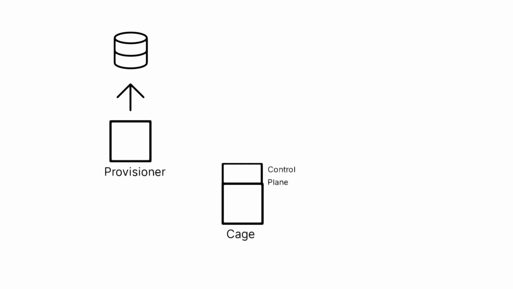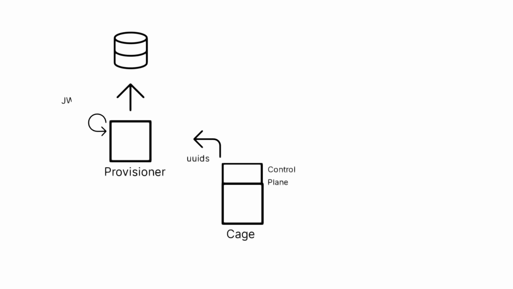So when a cage gets deployed, the control plane uses an MTLS client cert to authenticate with the provisioner. It sends a request that just contains the UUIDs for that cage over that MTLS connection. The provisioner then validates that those UUIDs are as expected and generates a signed token, a JWT.